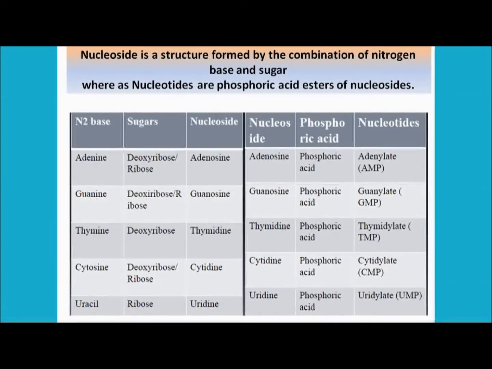But the nucleotide is the combination of the phosphoric acid group with the nucleoside. So earlier you have the sugar. To the sugar, if you add the nitrogenous base, you get the nucleoside, and to this nucleoside, if you add the phosphate, then you get the nucleotides.